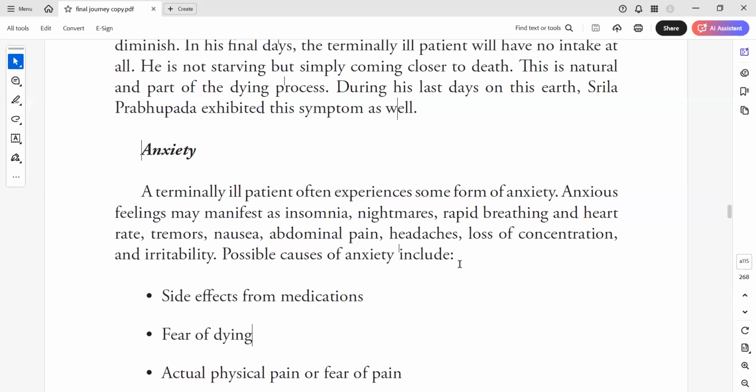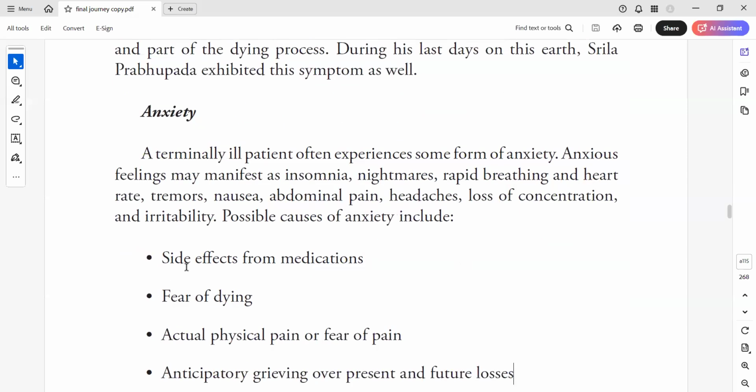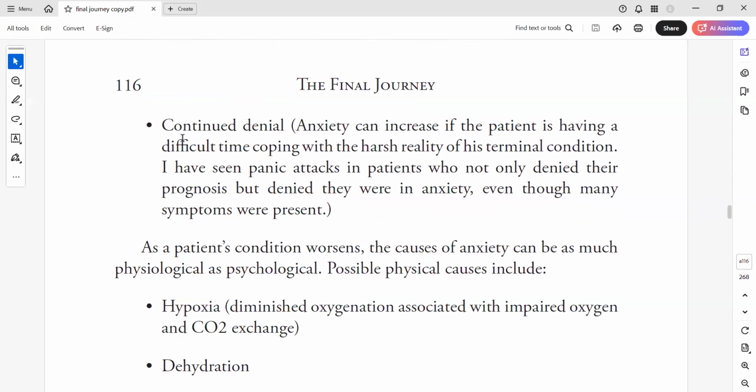Possible causes of anxiety may include side effects from medication, fear of dying, actual physical pain or fear of pain, anticipatory grieving over present and future losses, continued denial. Anxiety can increase if the patient is having a difficult time coping with the harsh reality of his terminal condition. I have seen panic attacks in patients who not only denied their prognosis, but denied they were in anxiety, even though many symptoms were present.